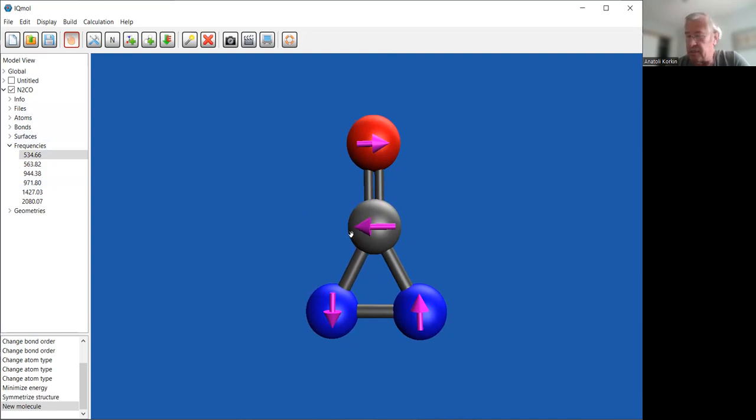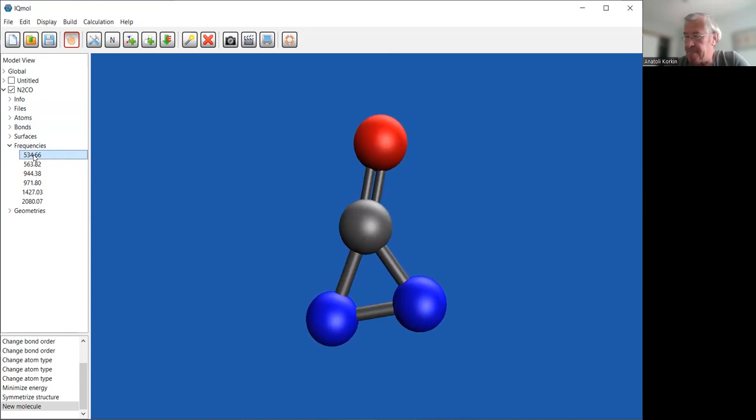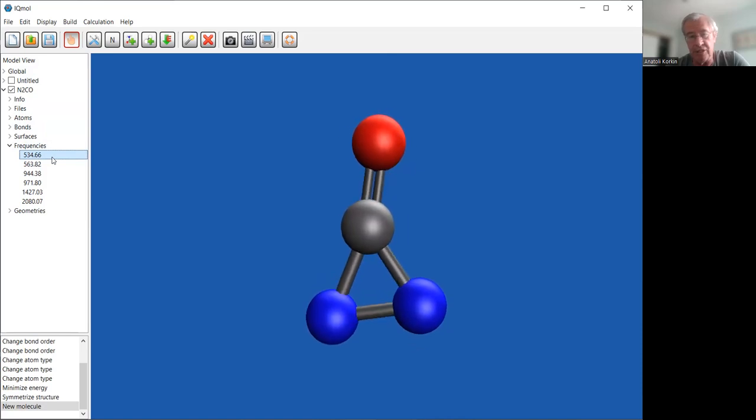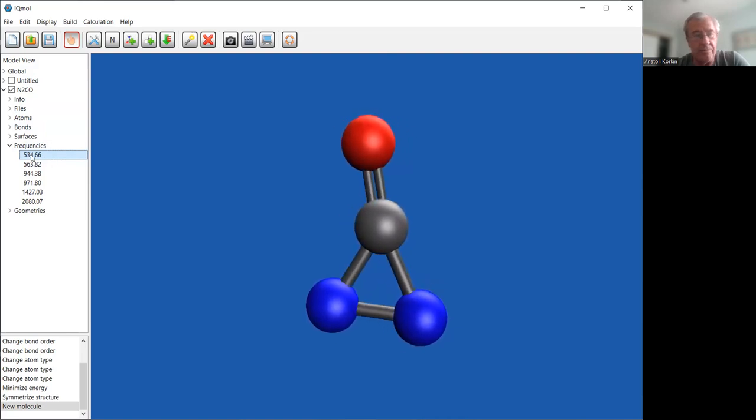So this would be a B1 vibration. So let's double click on it. That's how it looks. Also kind of like dancing. For the most part, it's changing the angle between the cycle and the CO bond.